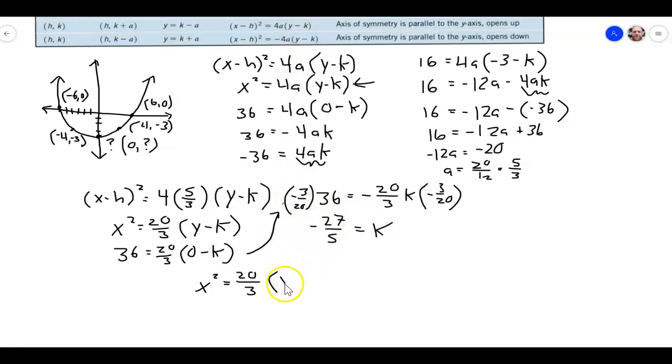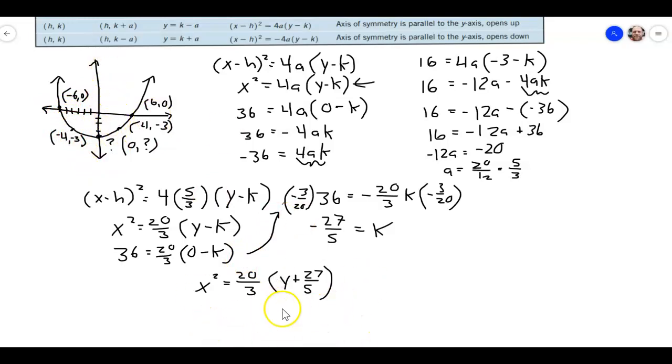So that'll end up being y minus a negative, so y plus 27 over 5. And this right here is the equation of the upward opening parabola that goes through these 2 points right here, and is symmetric with the y-axis.